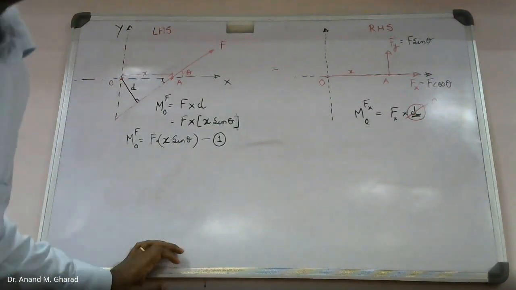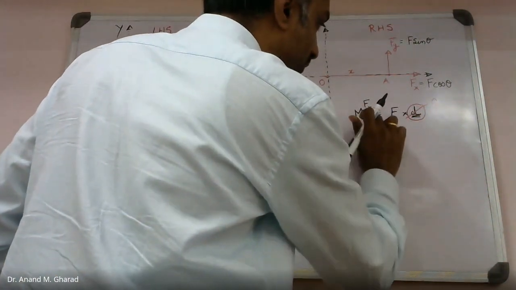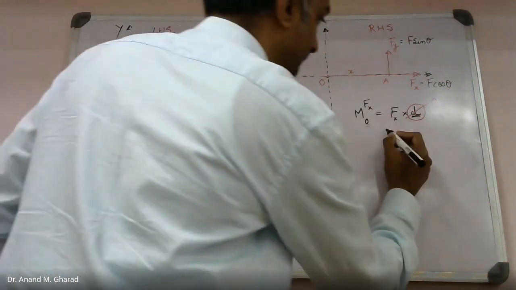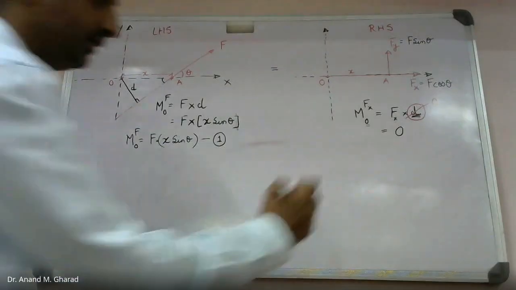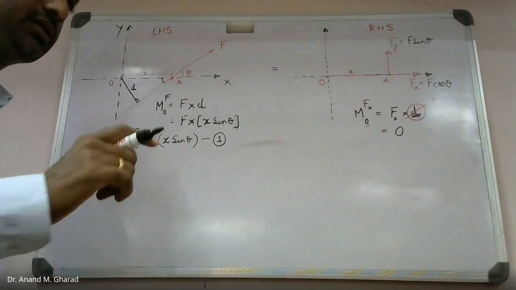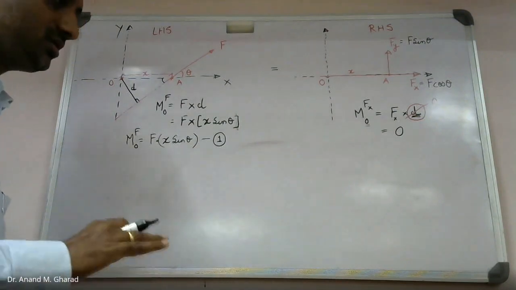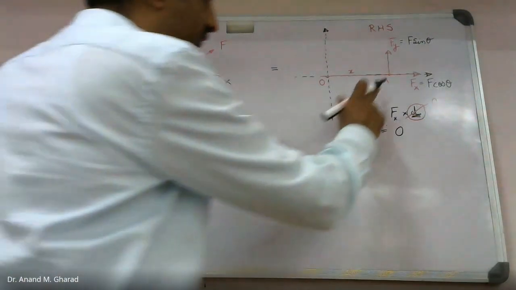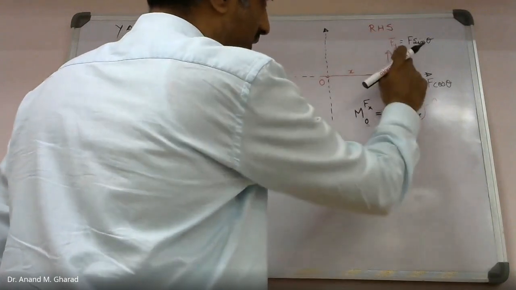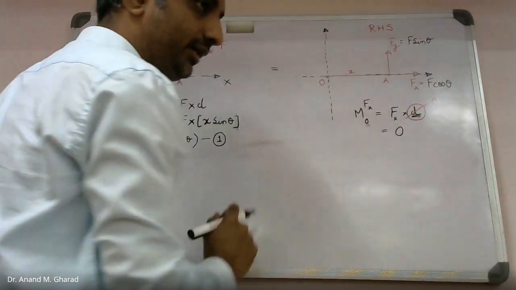And ultimately, what value will you get for moment about point O because of Fx? 0. Got it? So remember this thing. Whenever the line of action of the force is passing through the moment center, perpendicular distance is 0. Now let us check for another force, because there are two forces involved on the right hand side.